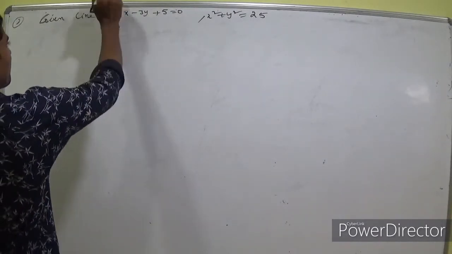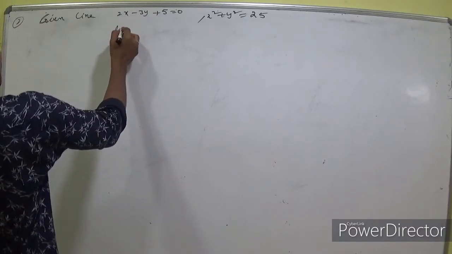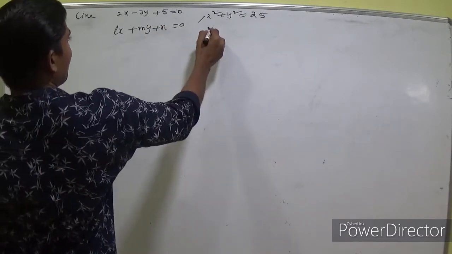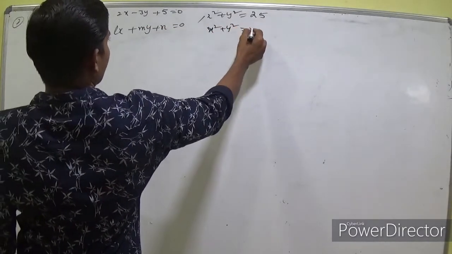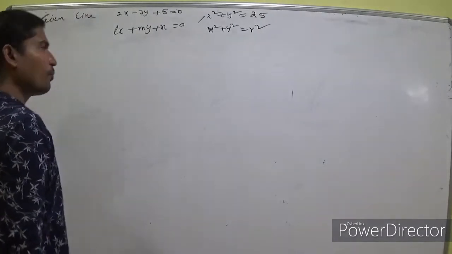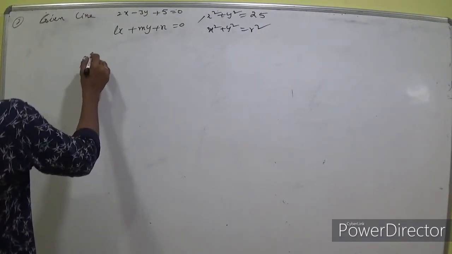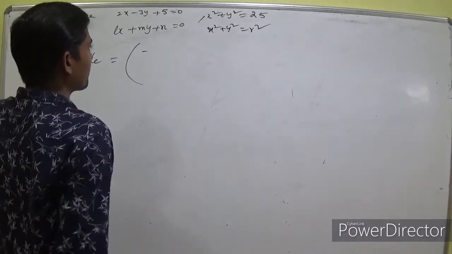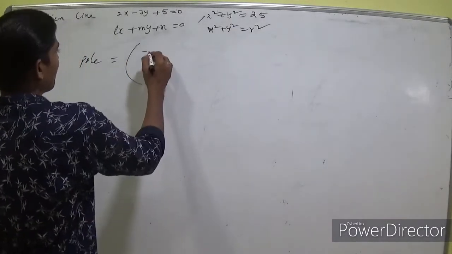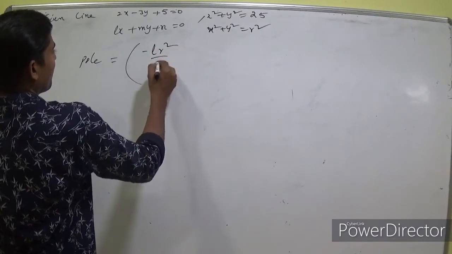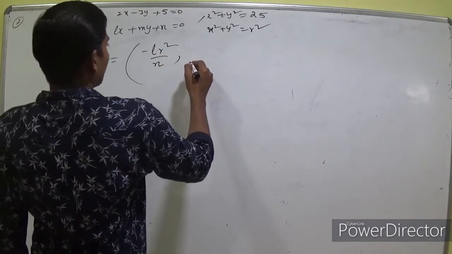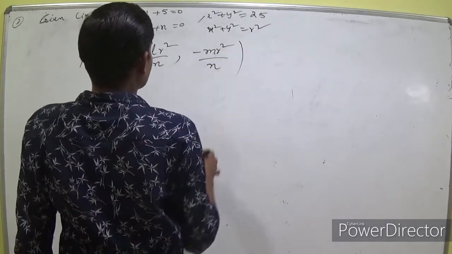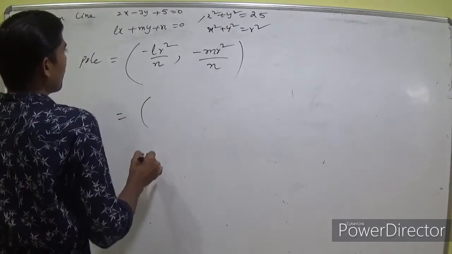For the line in the form Lx plus my plus n equal to 0 and the circle x square plus y square equal to r square, the pole is minus Lr square by n comma minus mr square by n. What is L here?